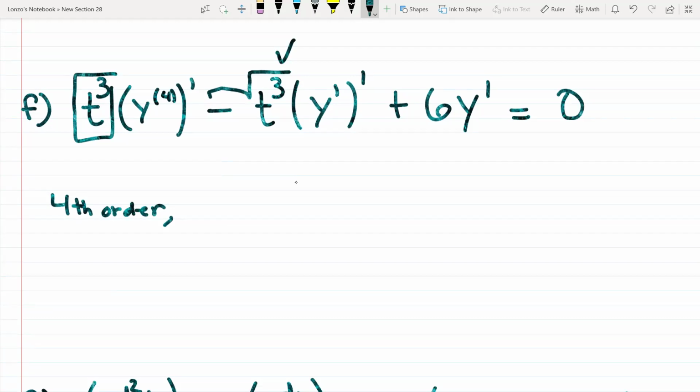This one is fine because this is y to the power of 1, not y prime, and this has a coefficient of 6. That's fine. And then this is a constant. That's fine. So this would be linear.